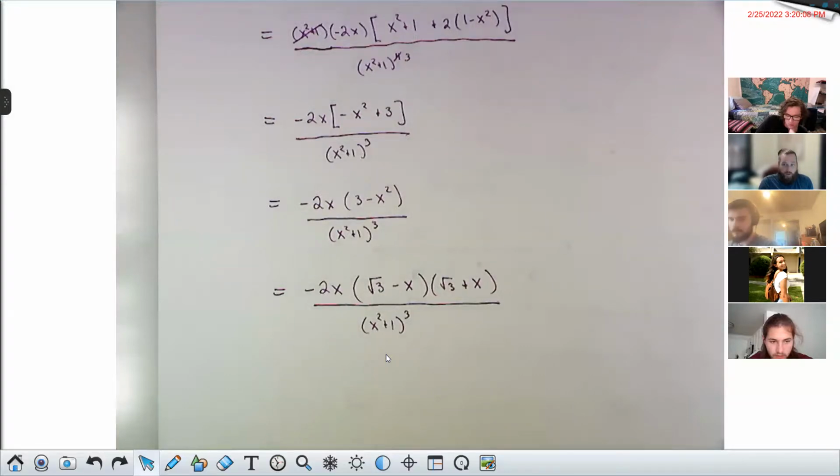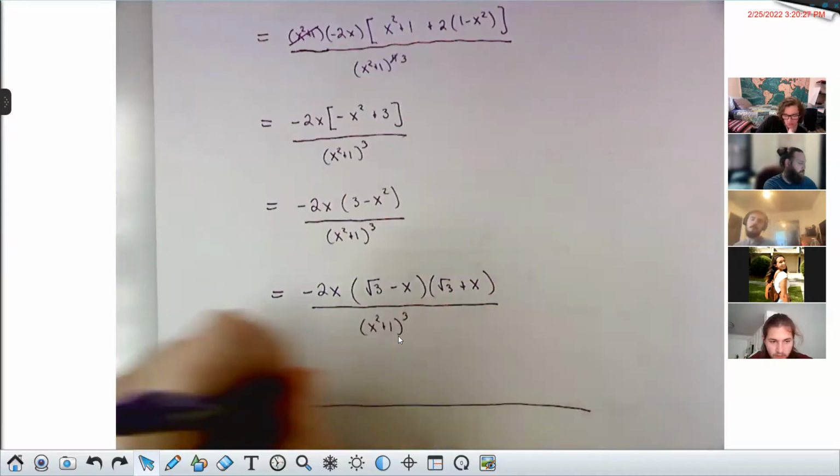The places where f double prime can change sign are 0 from this factor, root 3 from this factor, and negative root 3 from this factor. As in the first derivative, this bottom is never going to be 0.